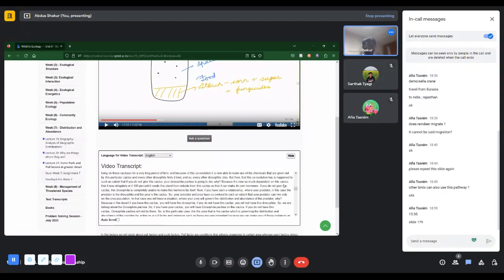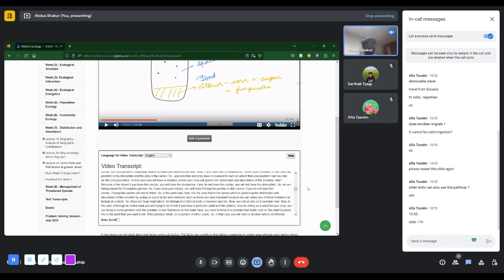Where the cactus is absent, you will not find this Drosophila species pachea. So if this cactus is present in a certain area, the species is most likely to be present. So that's what I say. If you have your cactus, you will have the Drosophila pachea on this cactus. If you do not have this cactus, the species Drosophila pachea will not be there.